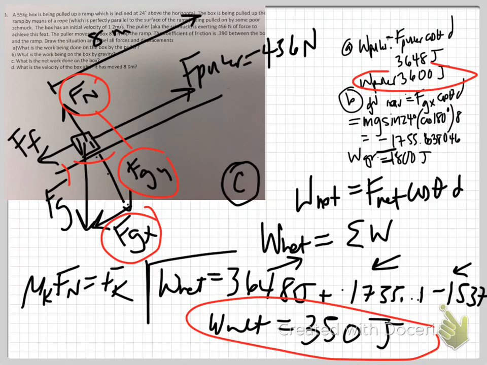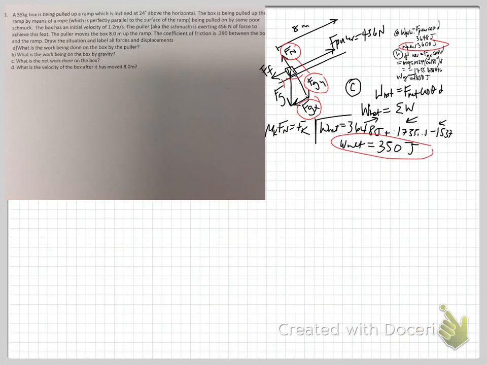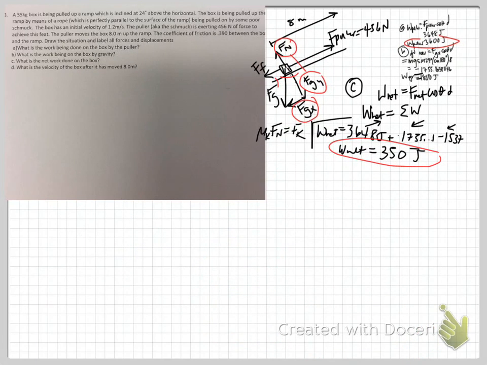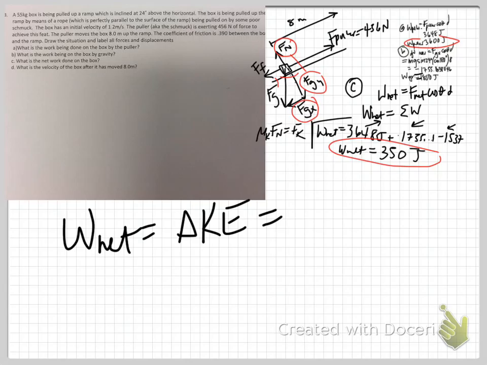Okay, so the last part of the question is the velocity of the box after it's moved 8 meters. Well, you have the net work. So this is the time to pull out the work kinetic energy theorem. So the net work equals the delta KE, or 1/2 mvf squared minus 1/2 mvi squared.